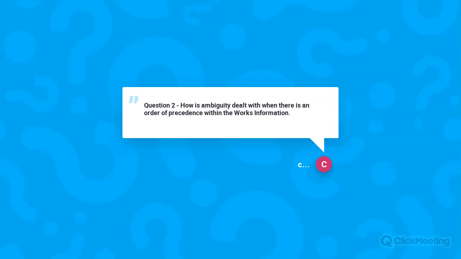And in that case, if you've got an ambiguity within the works information, your ambiguity clause that you're talking about has no effect, because the ambiguity is within the works information. So you go back to your standard NEC, where it's interpreted that the contractor has priced the lowest of the 2 ambiguous clauses.